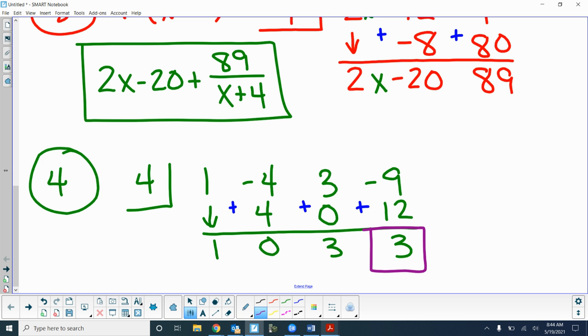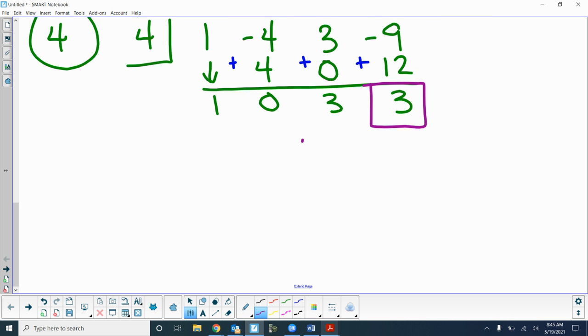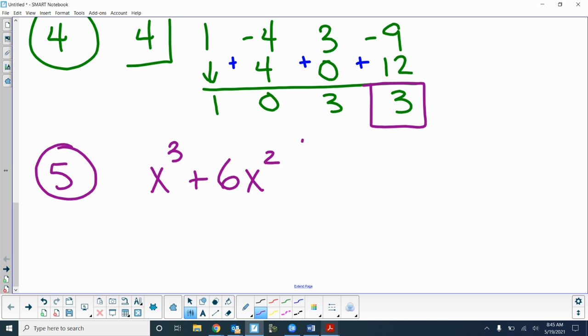Okay. Number 5, we have to factor. Okay. So it's got 4 terms. So when it's got 4 terms, first of all, we always look for what when we factor? GCF.